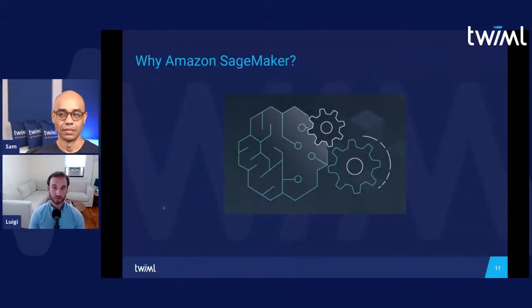Mm-hmm. And you'll often have to make these trade-offs. For instance, is your company already on Google Cloud? If that's the case, you may not be able to just use AWS SageMaker, and vice versa, right? My company today is an AWS shop. So it's almost impossible for us to just start using Google products because of our relationship with AWS. Got it.